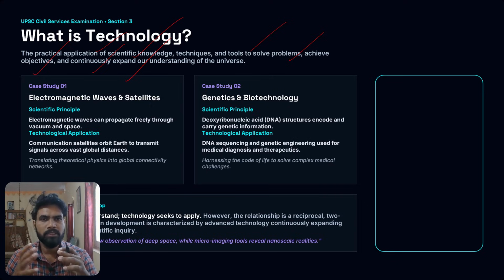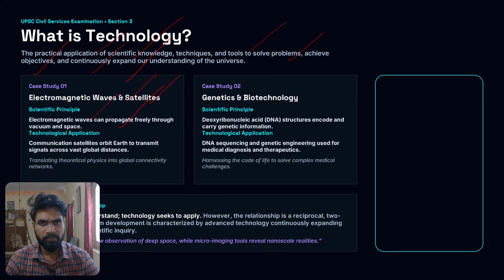For example, I'm going to take a few examples. First, electromagnetic waves and satellites. The scientific principle is that electromagnetic waves can propagate freely through vacuum and space. This is basic science knowledge.